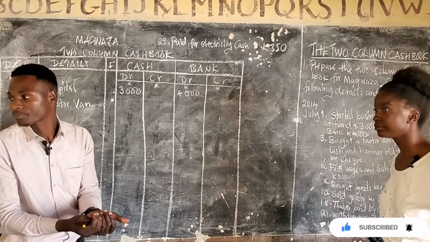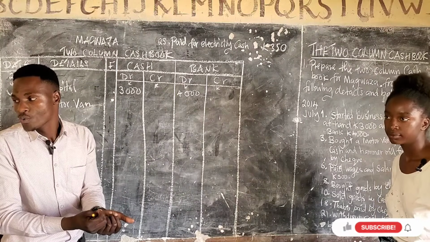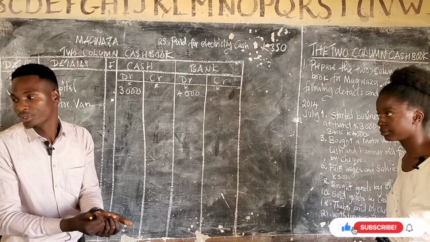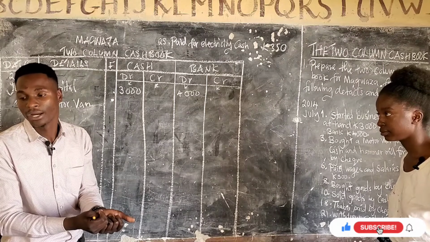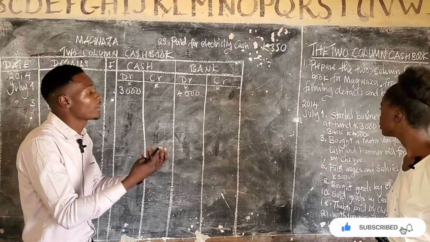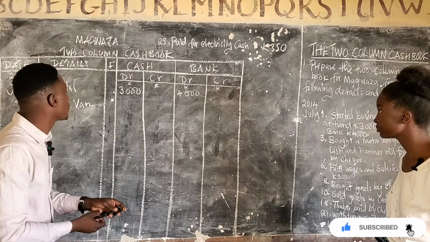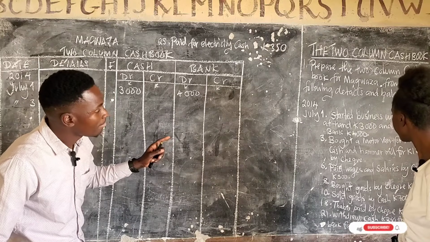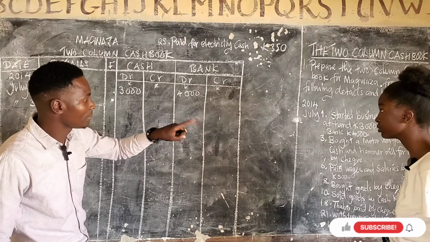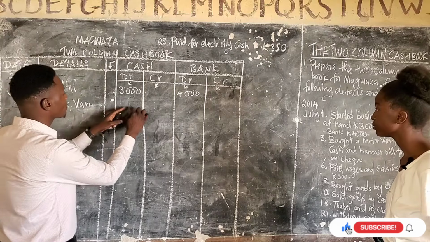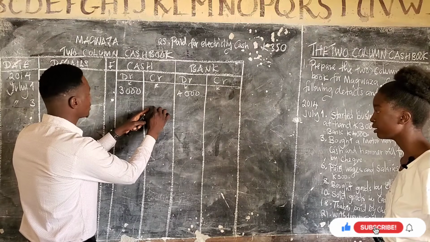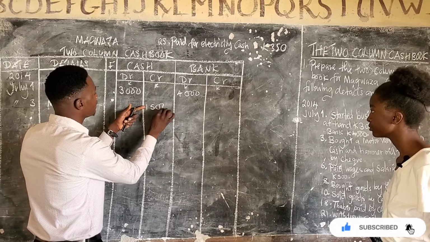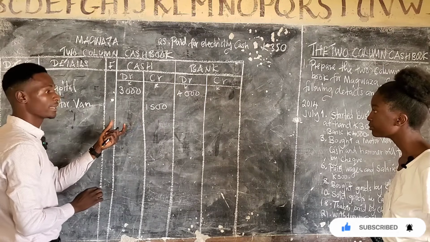We are giving out money, so we are going to credit. Is it by check or cash? The motor van is by cash. So we're going to credit cash 1,500.